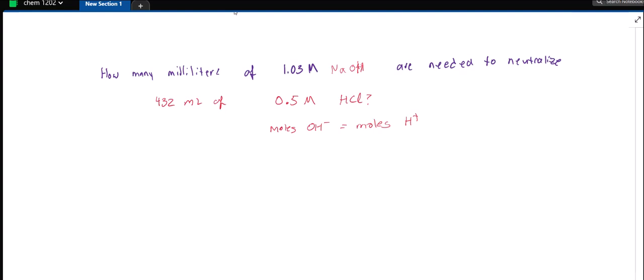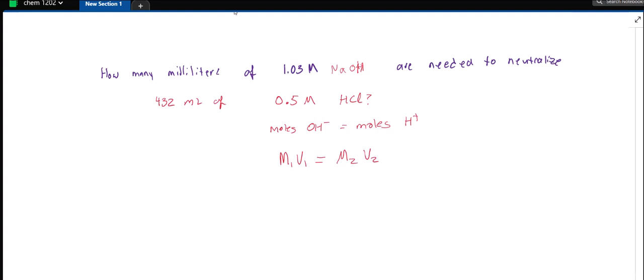So what you can do with these neutralization problems is you can just say M1 V1 has to equal M2 V2. And this is if the number of hydroxide ions is 1 and the number of hydrogen ions is 1. So that makes this really easy.